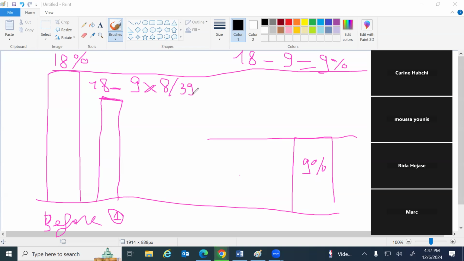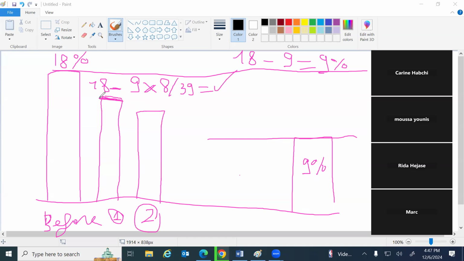Okay, and once we are done with this, we get the number. Okay, next step, now we need to find what will be the value of discount rate after implementing measure 2.